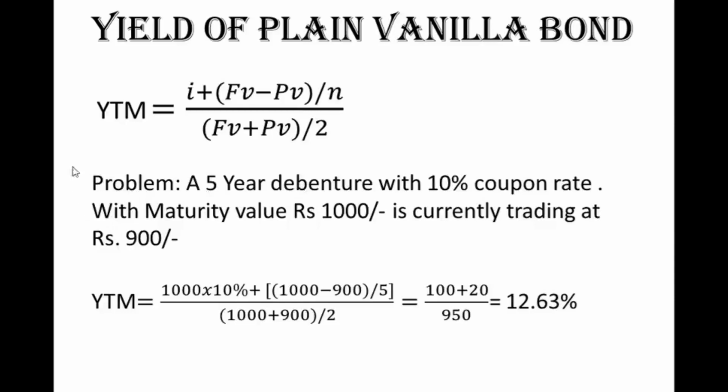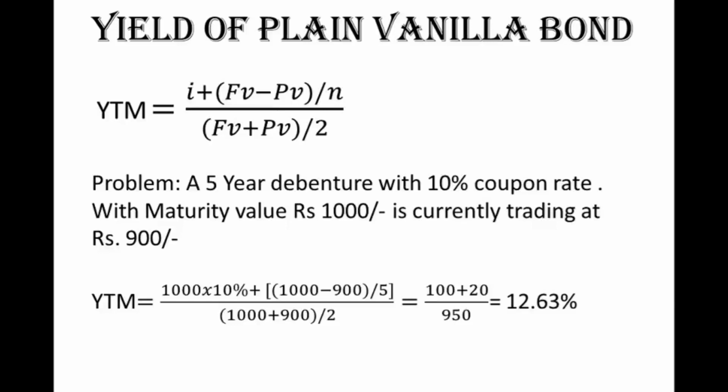But before taking the problem, let us try and understand the formula, that is yield to maturity. As you can see, the first value taken is the coupon, that is I, which is the interest, plus future value minus the present value, divided by n. Now, whatever return that we are earning, you are not earning it for a single day, you are earning it for a period of time.